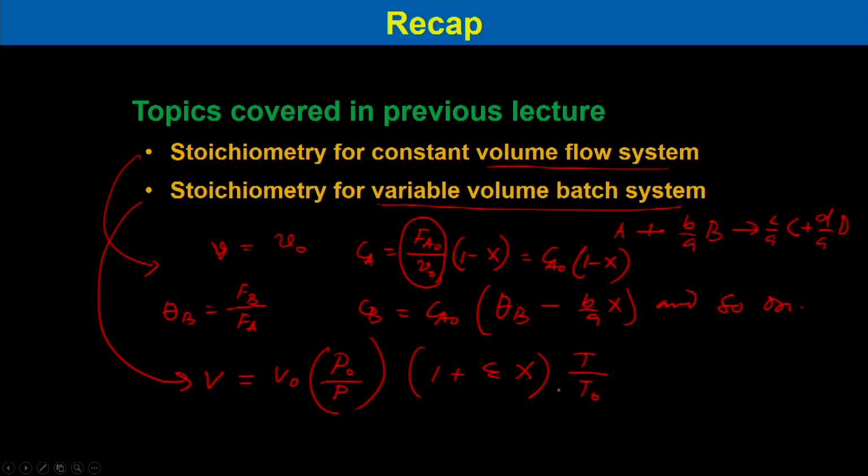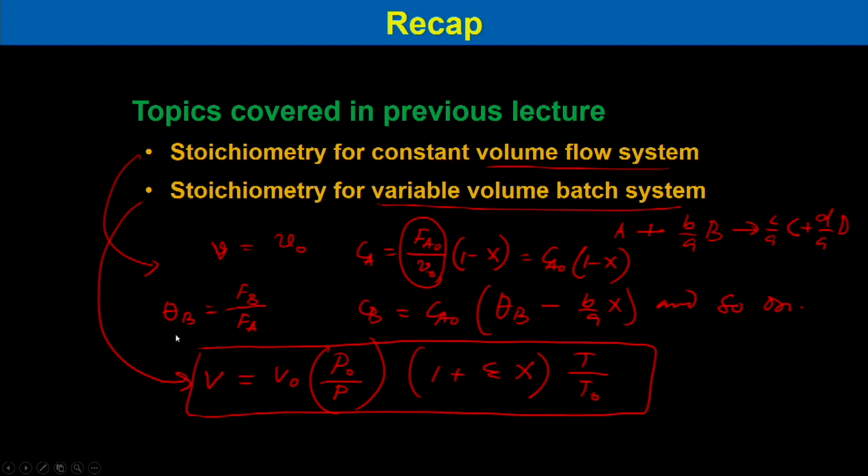So, this is the general expression for variable volume batch system, where the volume is related with the conversion, and then we can relate with the concentration. Here, if we incorporate constant volume systems, we will essentially get the constant volume batch reactor equation.